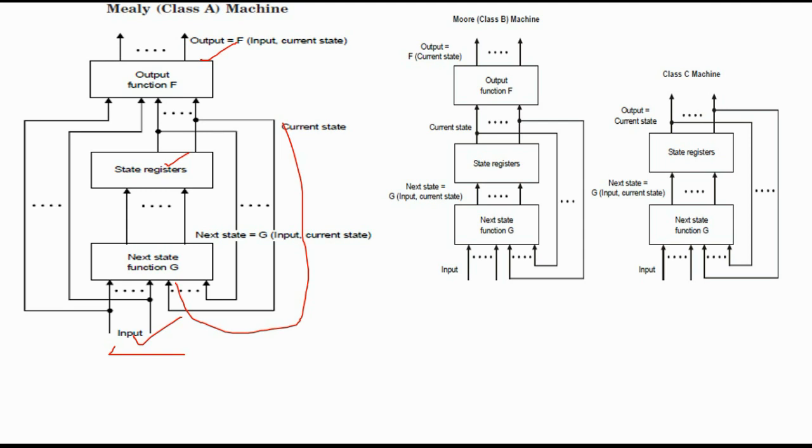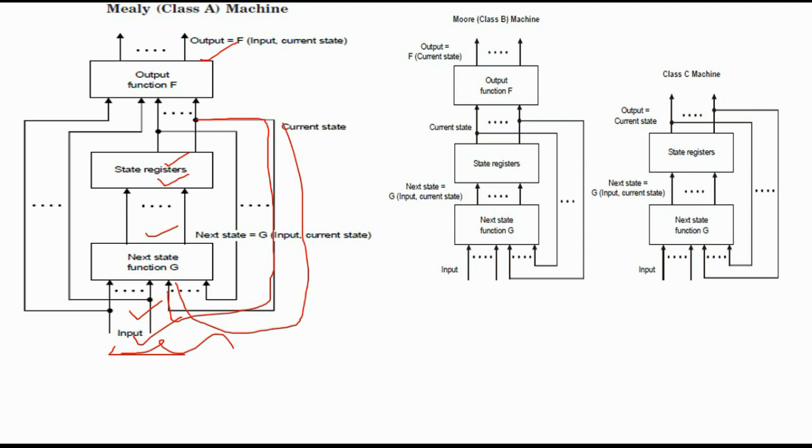If you want the status of the past outputs, this can be fed back to the input. That's why I have taken these lines, current state as an input and the actual input present here. These two together create the next state function. The next state will be stored in the state registers.